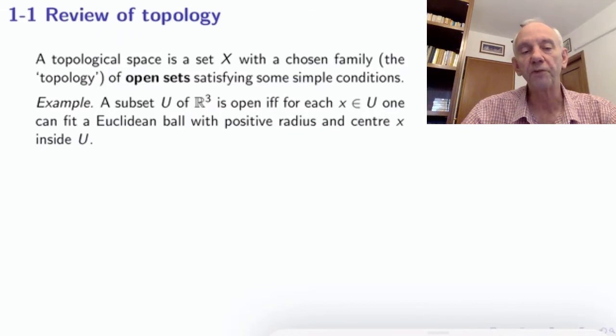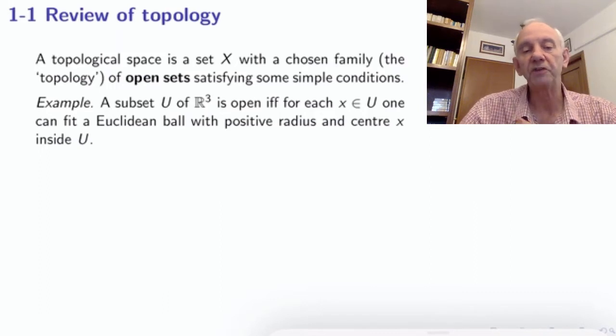And the third property is that if you have any collection of open sets, finite or infinite, their union is also open. So finite intersections of open sets are open, but arbitrary unions are open. With those conditions, you've defined a topological space.